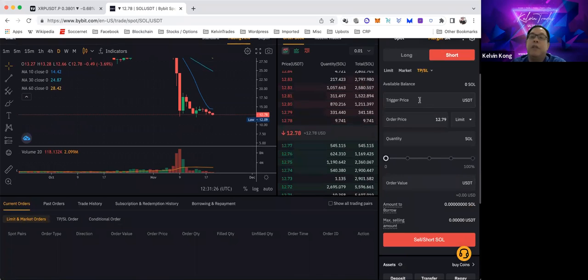So let's say for example you bought at $12, right? You want to sell at $14. So this will be the price that you want to sell. This is the trigger price. So trigger price slightly below $14, let's say 13.9. The quantity 10 Solana.